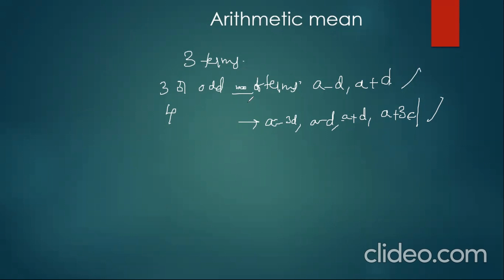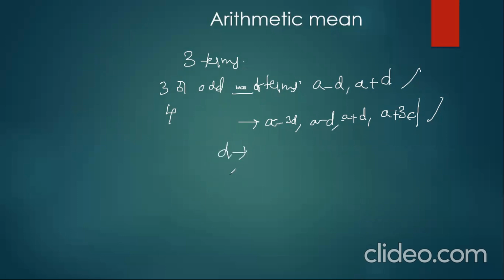So we observed in this video and the previous video combined what a general series is: a plus (a plus d) plus (a plus 2d) plus ... plus (a plus (n minus 1) d), right? The first term of the general series is a, and the last term is l, okay? And d is the common difference.